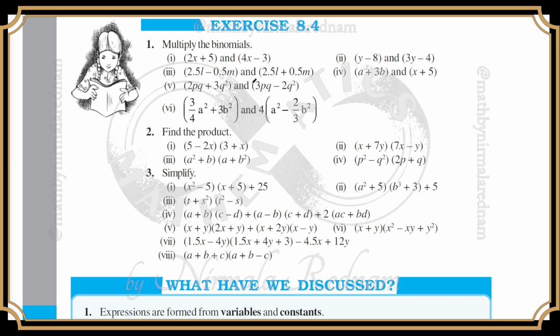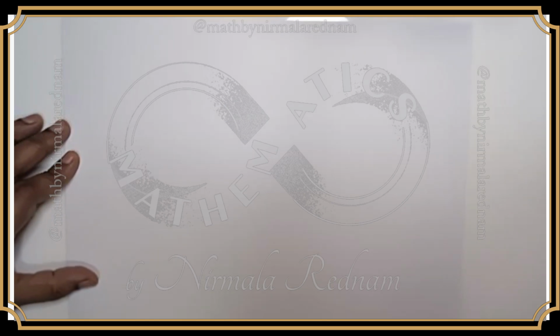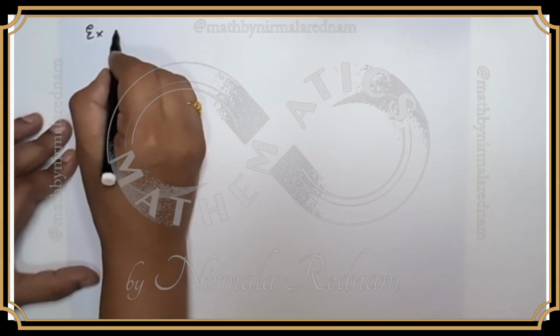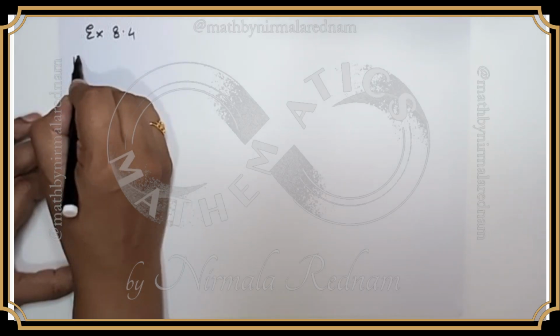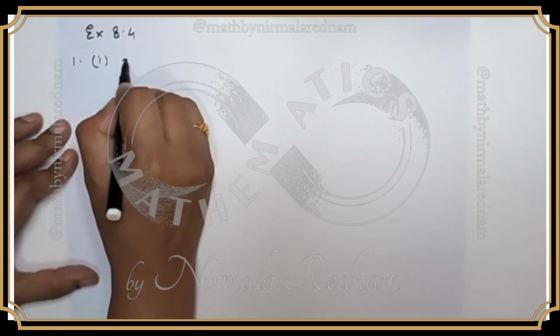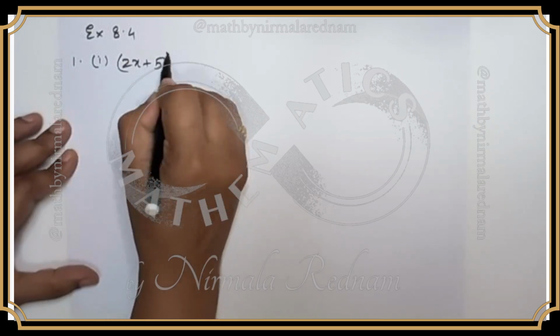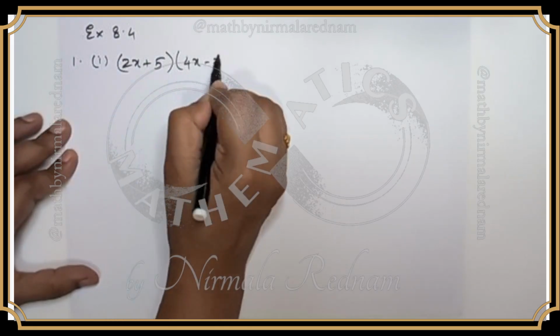8.4. The first question, they are multiplying a binomial with another binomial. So here I have the first question, 2x plus 5 into 4x minus 3.